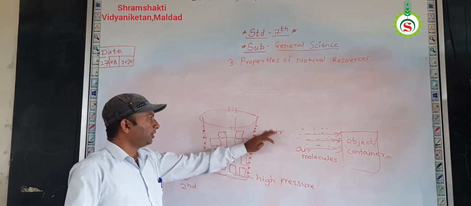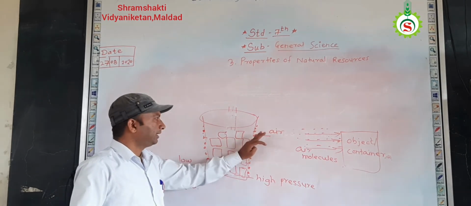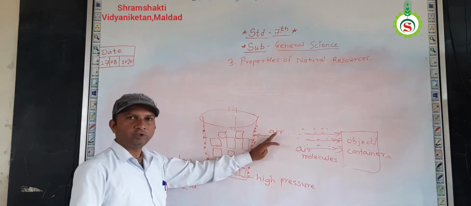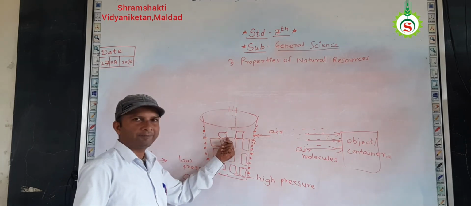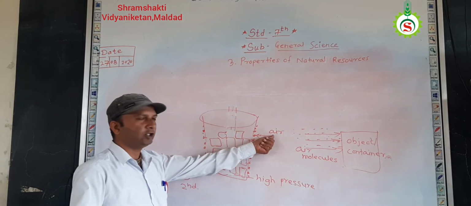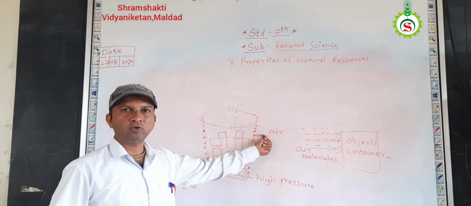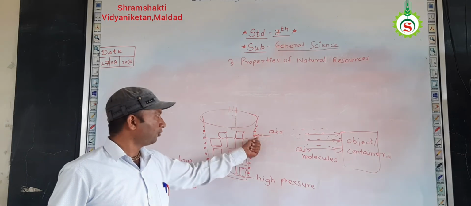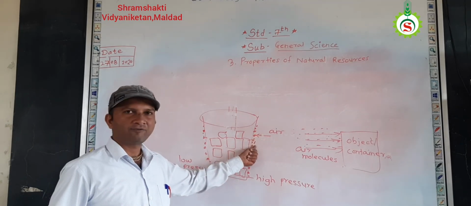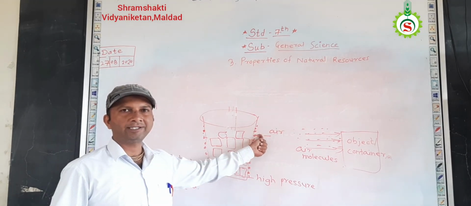Due to the cooling of the air, the gaseous molecules are converted into water molecules, so water droplets are found, and this process is called condensation.